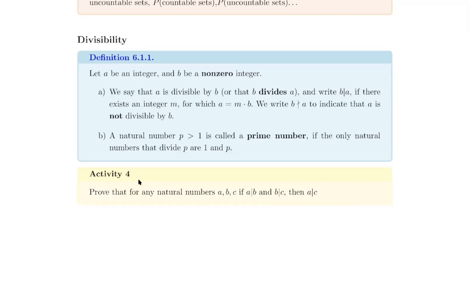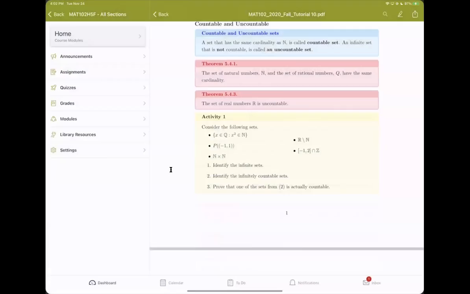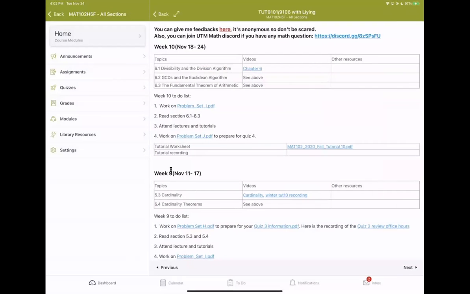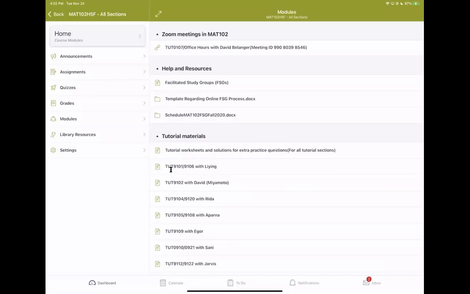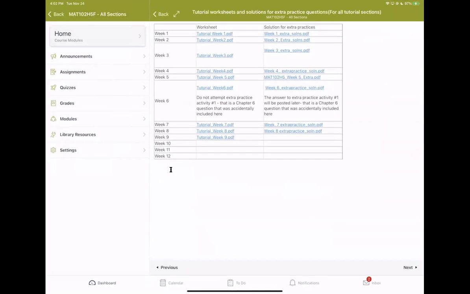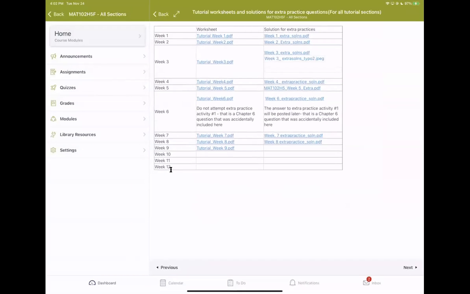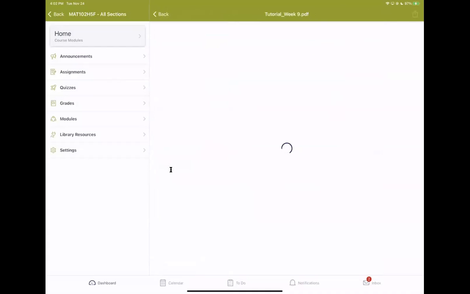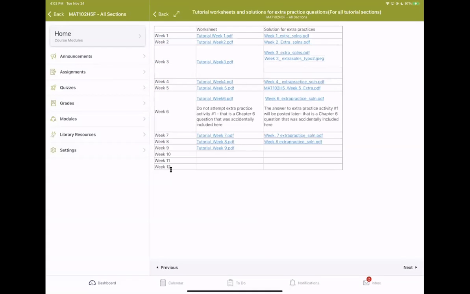Daria has some extra practice questions. You can check Quercus if you wanna practice. Those are pretty good questions. So try them. Extra practice activities. If you don't know where to find them, I'll show you. So you go to modules, click tutorial worksheets and solutions for extra practice questions. Oh, she hasn't posted them yet. I will post them. It's okay, I'll post them.